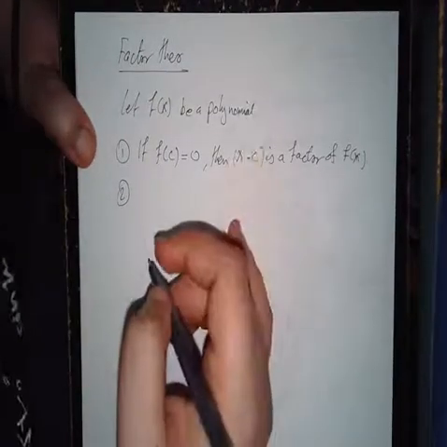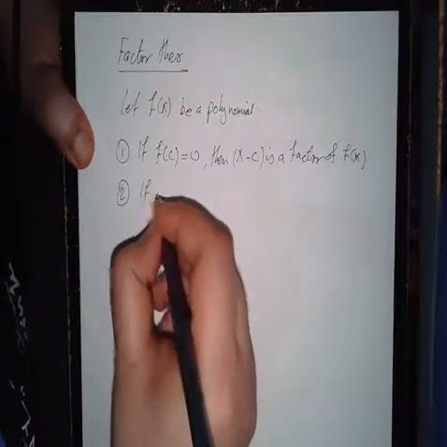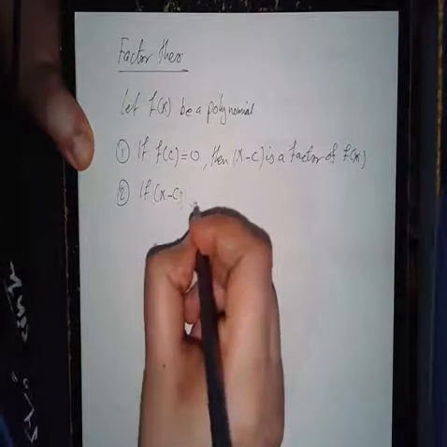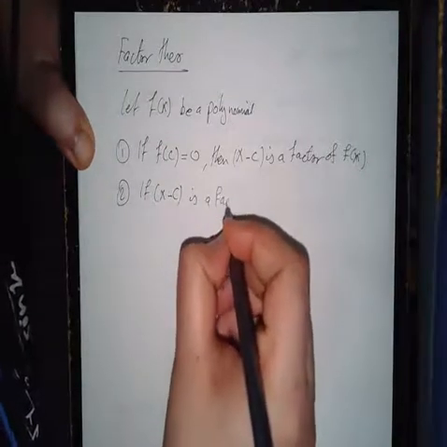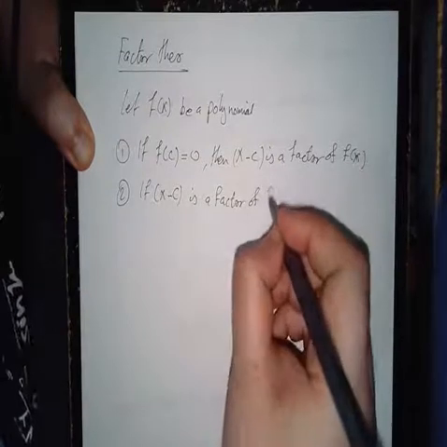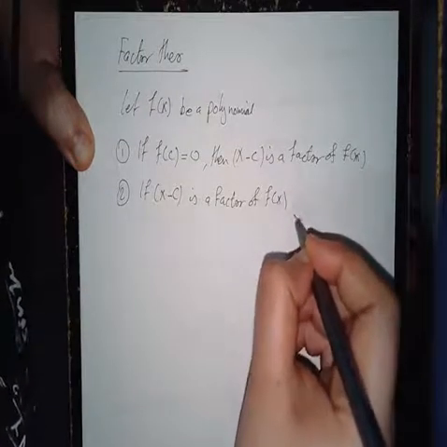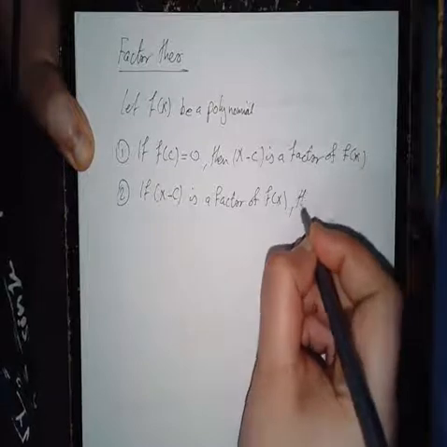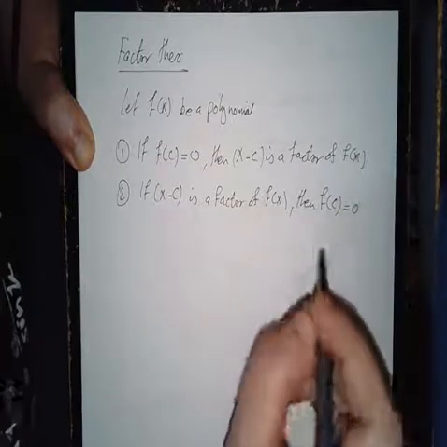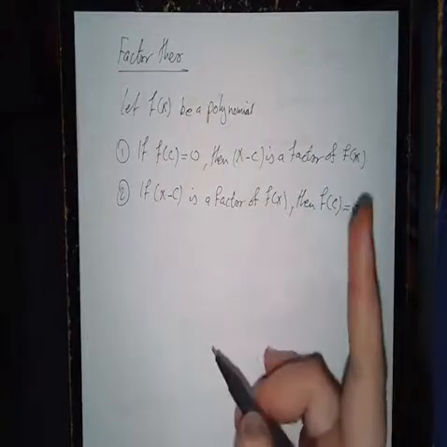The second rule says that if x minus c, the divisor, is indeed a factor of f of x, then f of c is going to equal 0, which is also very similar to the remainder theorem.